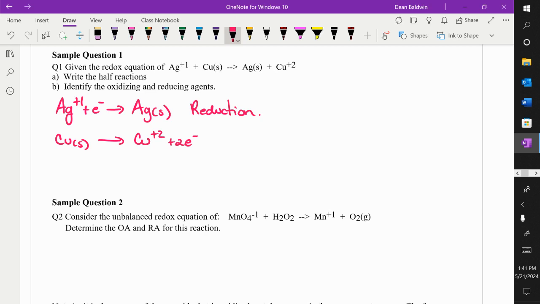This is oxidation. So what is the reducing agent? What is the thing that caused something to be reduced? It's the copper. Copper is the reducing agent.